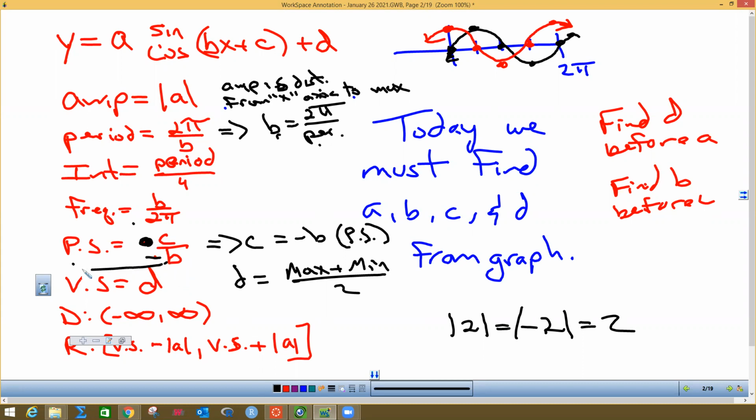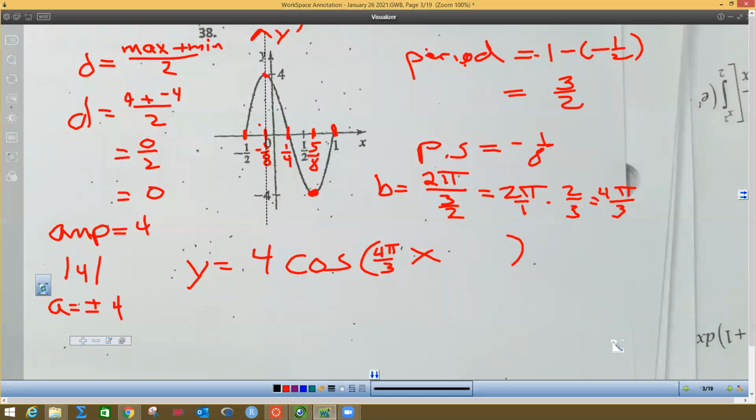And then when I multiply that negative B over here by phase shift, that gets C all by itself. You see that? So C will equal a negative B times the phase shift. Does that make sense? You can plug all this stuff in right here and then multiply the denominator over if you want. If you're not sure what I'm talking about, let me know.